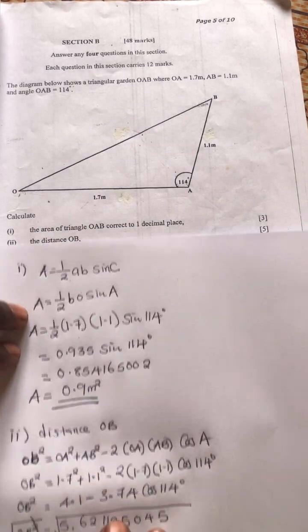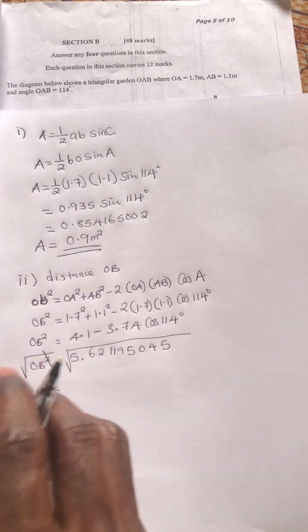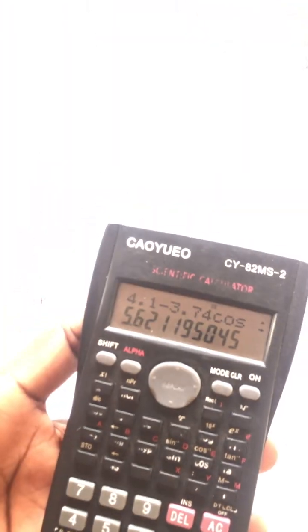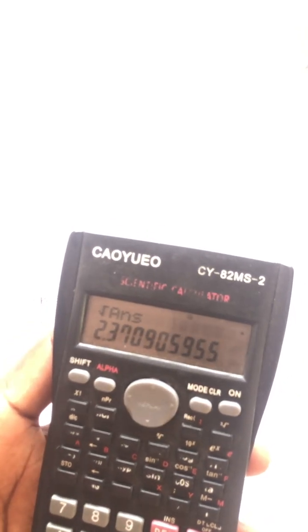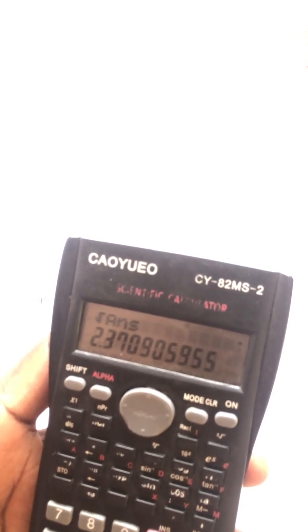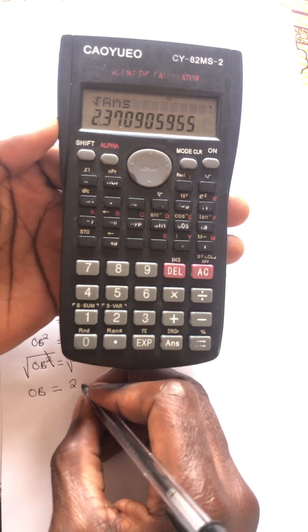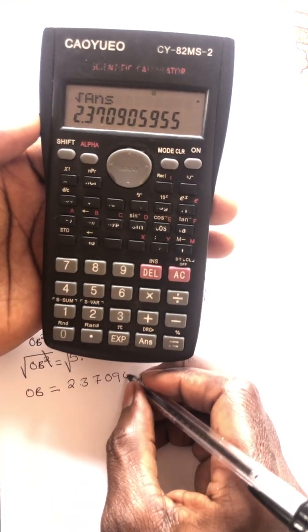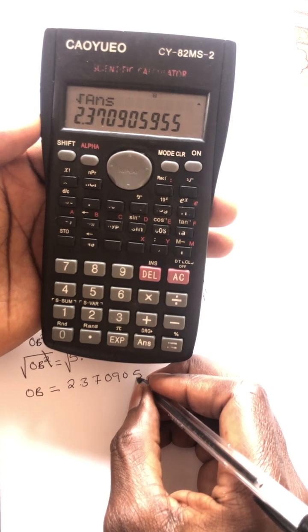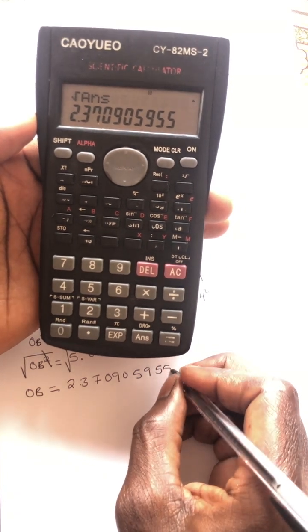So OB is equal to the square root of this answer, which is giving us 2.37090595.